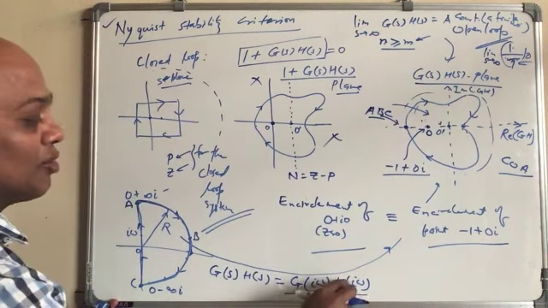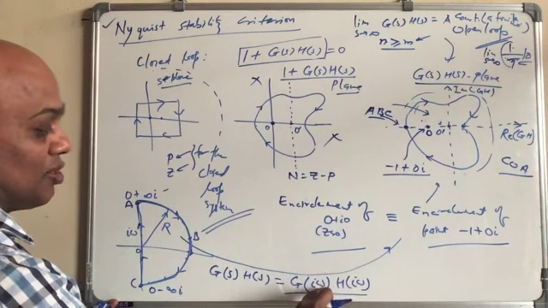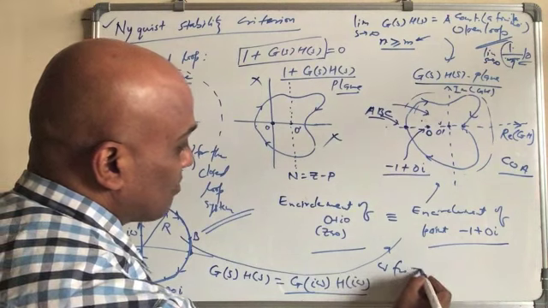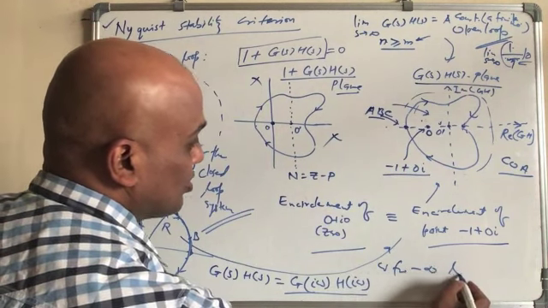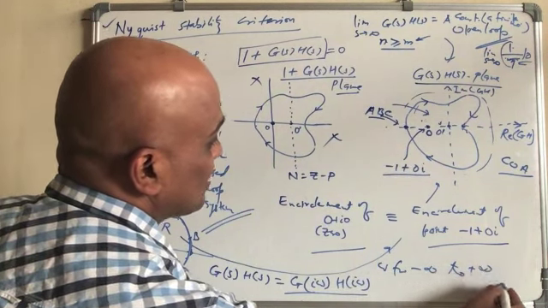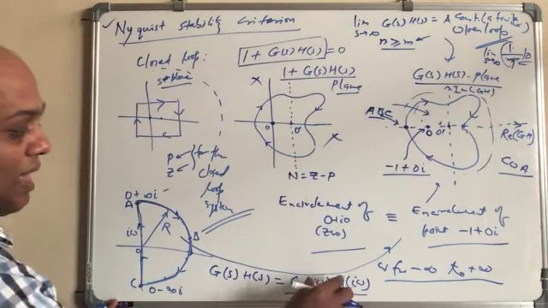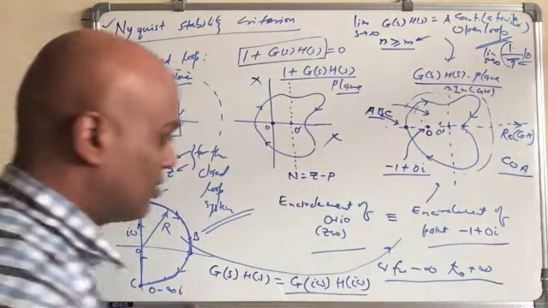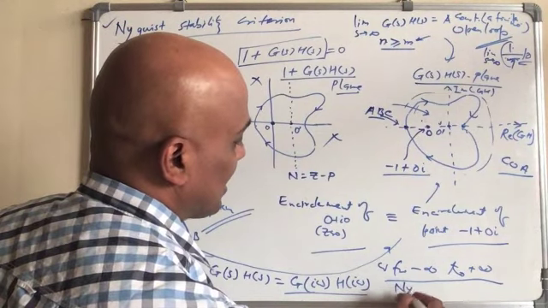Then you are going to change omega from minus infinity to plus infinity and plot it here, and that plot is what you call, as you studied yesterday, the Nyquist plot.